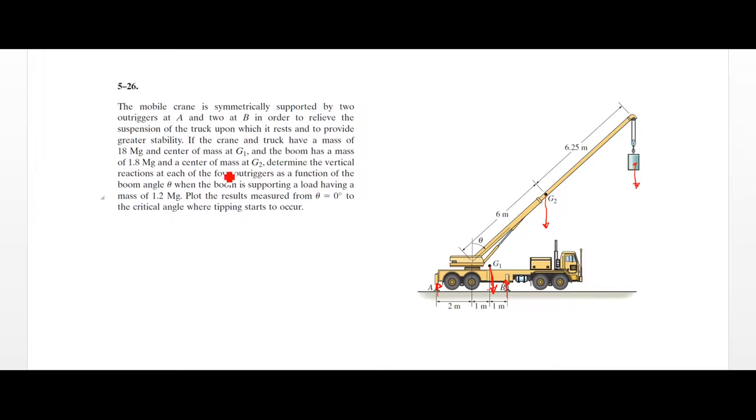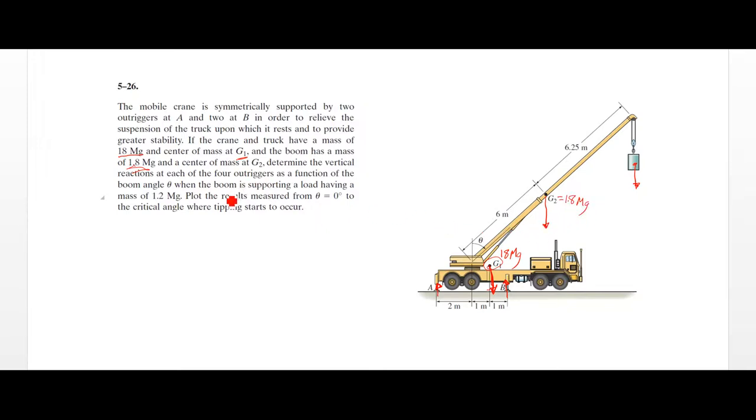We're told that the mass of the crane and truck is 18 megagrams, and the center of mass is at G1. That's 18 megagrams. And then the boom has a mass of 1.8 megagrams, so G2 equals 1.8 megagrams.